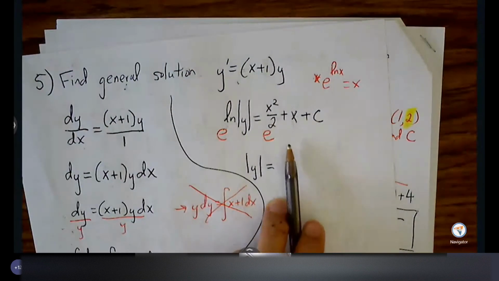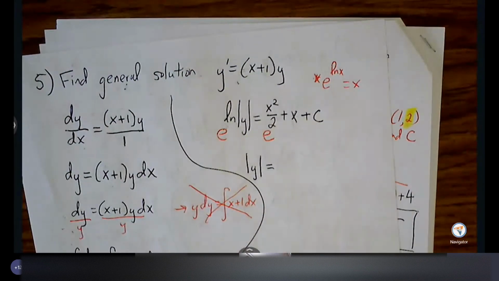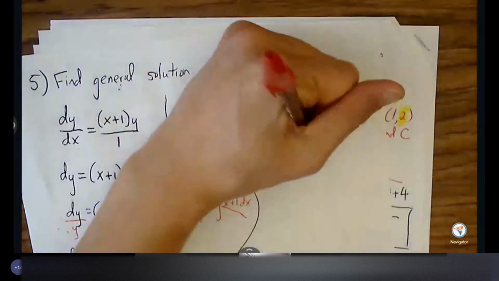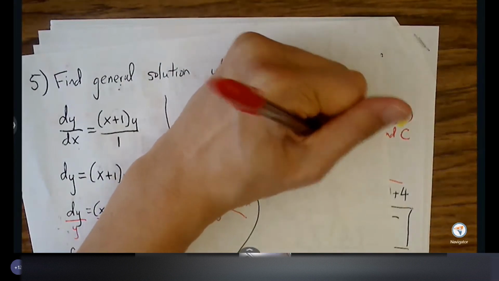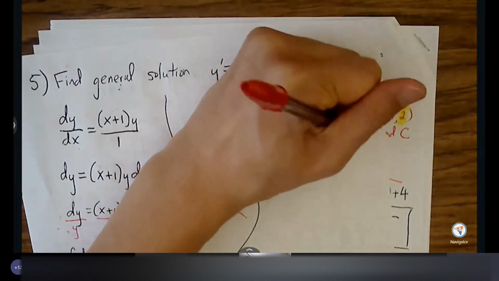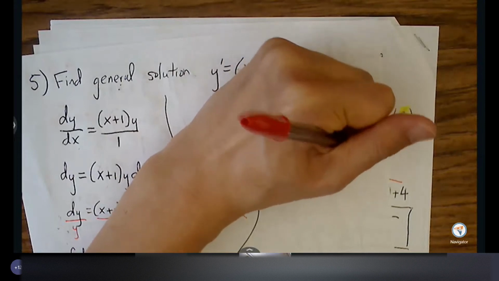Now the right side, I want to try to isolate that c away from the rest of the expression. And we're going to take advantage of this exponential property. a to the m plus n can be expanded into a to the m times a to the n.